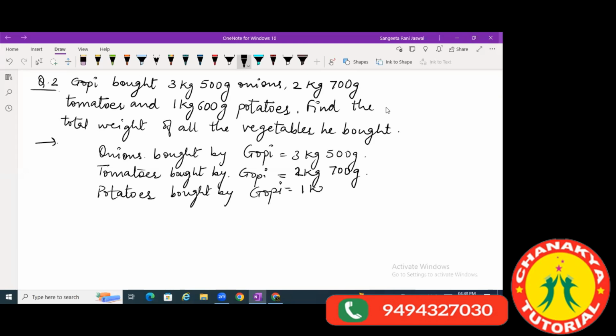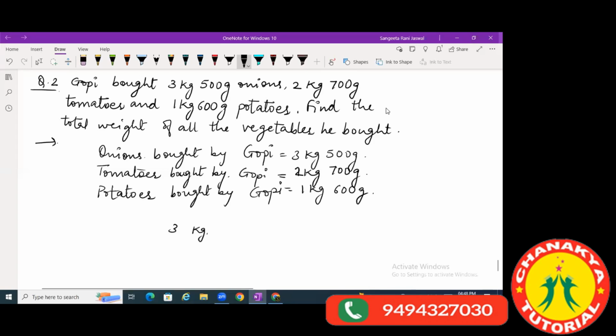1 kg 600 grams. Now, our question is to find the total weight of all the vegetables he bought. So, total weight of all vegetables will be, you will add all these, okay? Instead of adding here, because it will mess up, please note down this here.